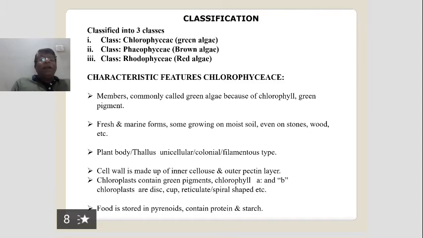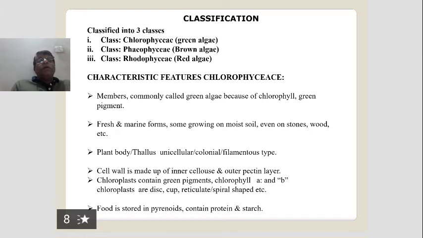appear red color because of the presence of what is known as the red pigment, phycoerythrin. So algae are mainly classified into chlorophyceae, phaeophyceae, and rhodophyceae.